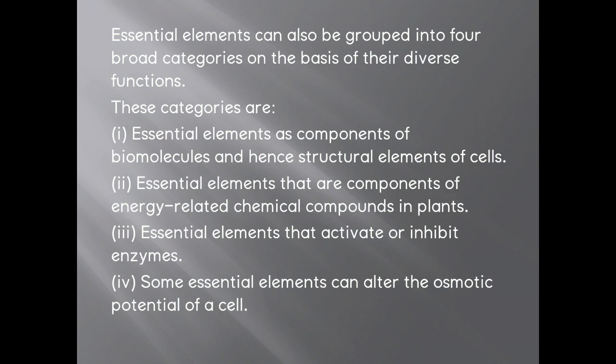These are the critical enzymes involved in photosynthetic carbon fixation. Then the last category involves elements which can alter the osmotic potential of a cell. For instance, potassium, which plays an important role in the opening and closing of stomata, is the best example for this point.